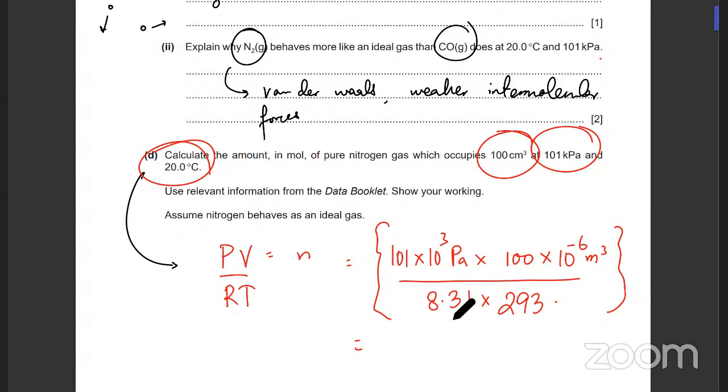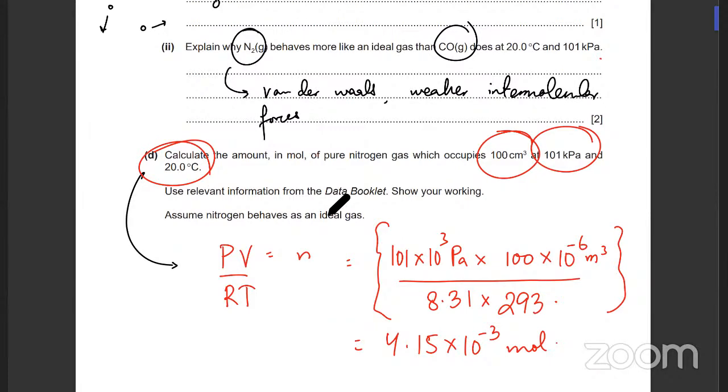You get 4.15 times 10 to the power -3 moles, and that looks within possible ranges. Also remember, be careful about significant figures. This is 3 significant figures, so your answer should be 3 significant figures as well.